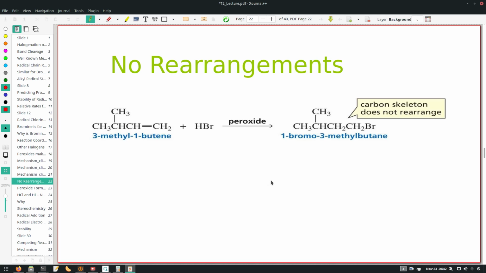Alright, so generally speaking, we can say that if we use peroxides with our HBr, we're going to get that anti-Markovnikov product, and we don't have to worry about rearrangements.